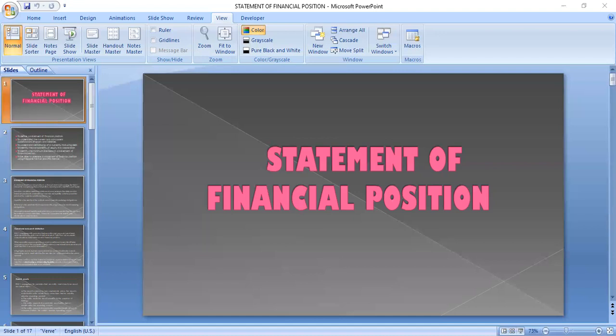When an entity supplies goods or services within a clearly identifiable operating cycle, the separate classification of current and non-current assets and liabilities is useful information, highlighting assets that are expected to be realized within the current operating cycle and liabilities that are due for settlement within the same period.